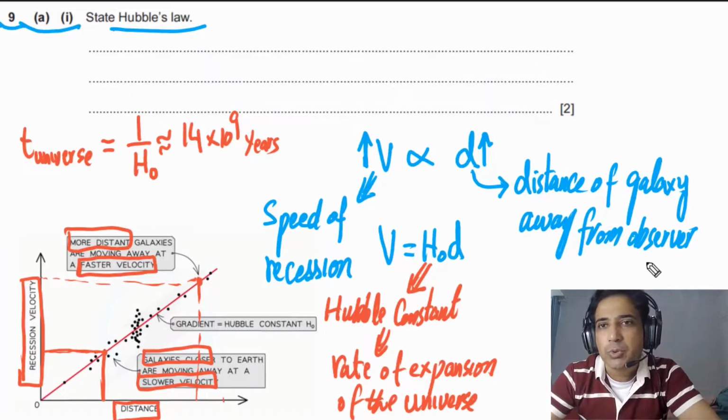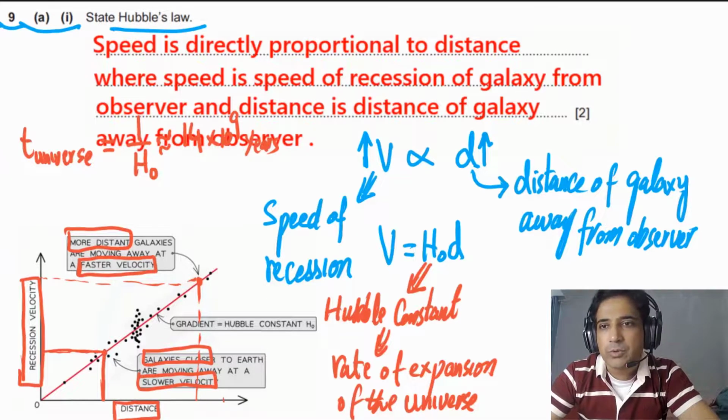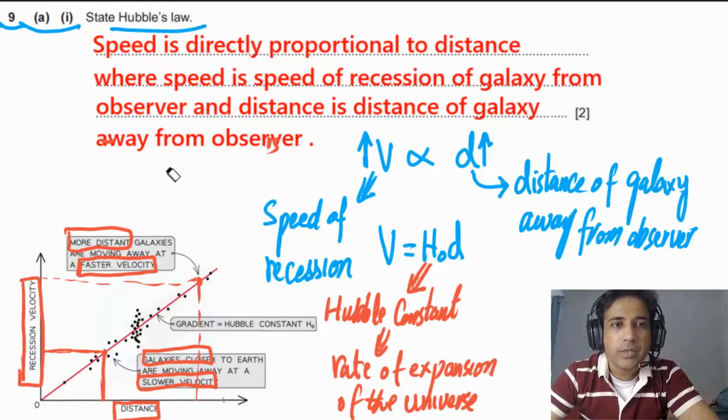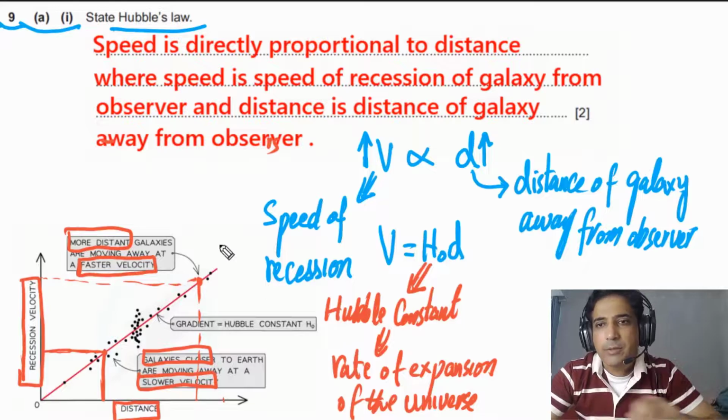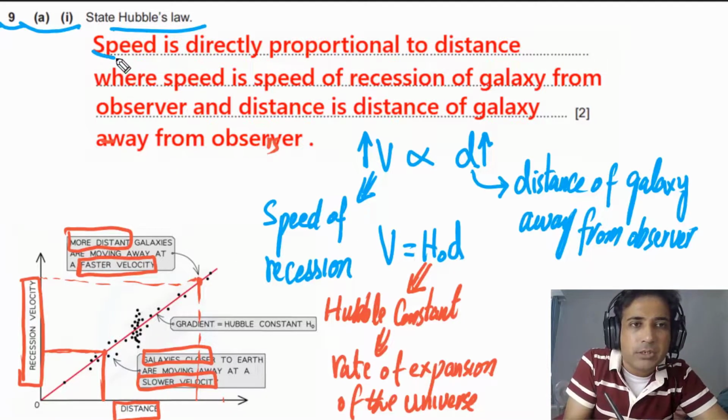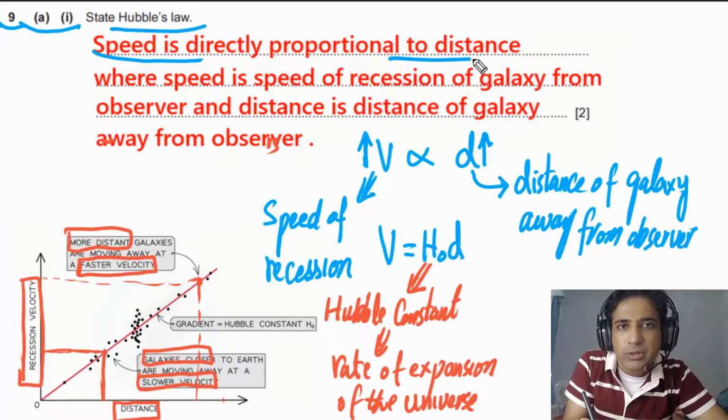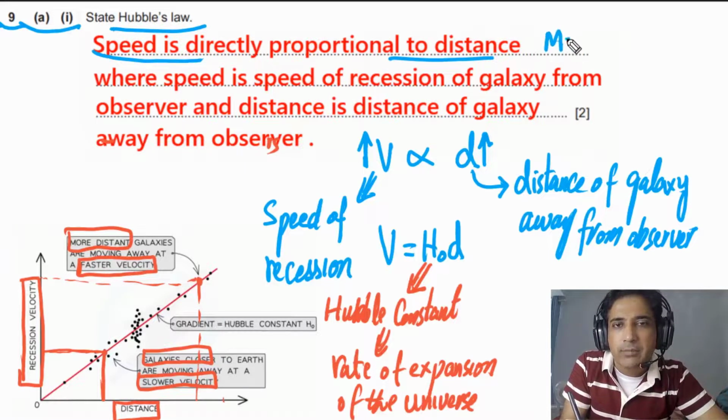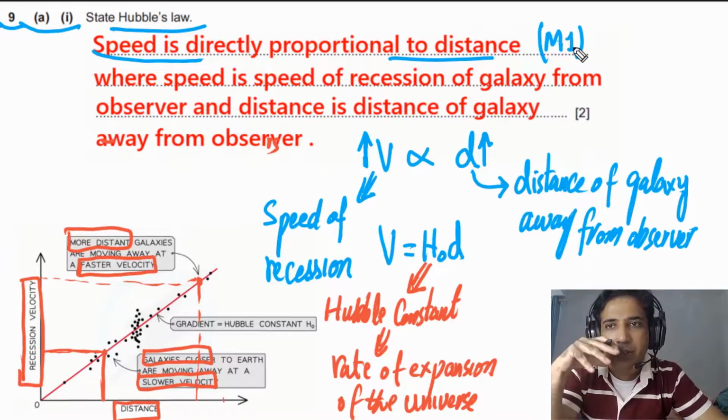Let me show you how you can write a proper answer. In your answer, you have to mention these parts. You have to mention that speed is directly proportional to distance. This question has 2 marks, and the first is an M mark, meaning it has to be in your answer.